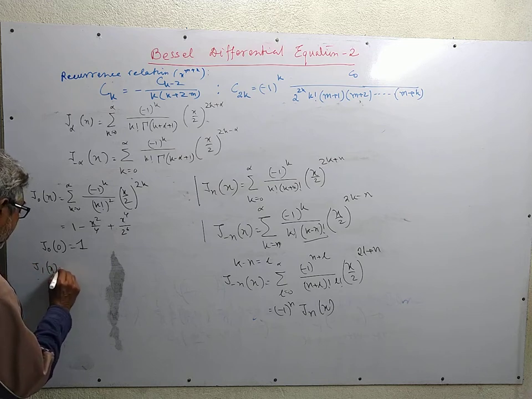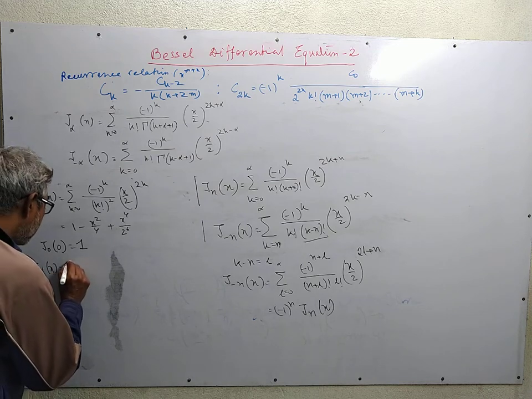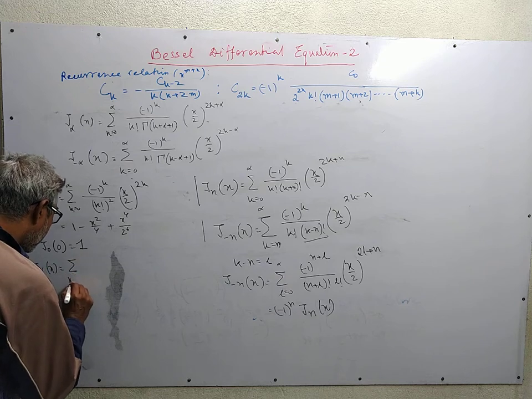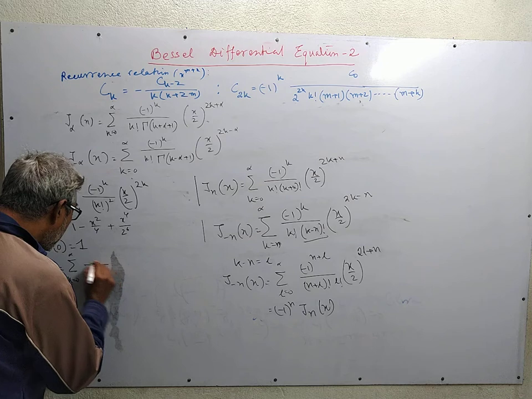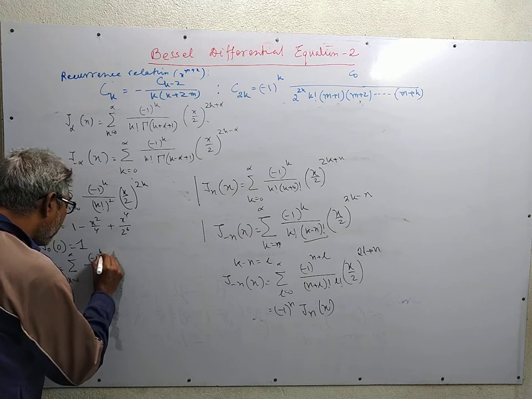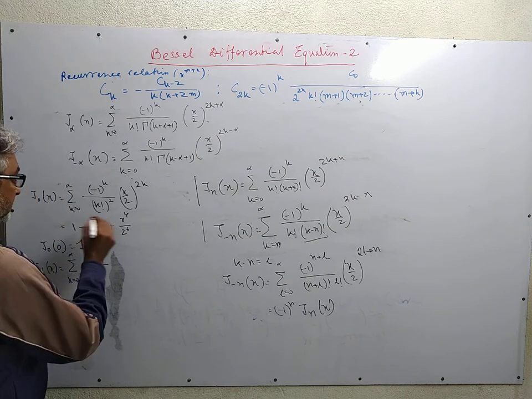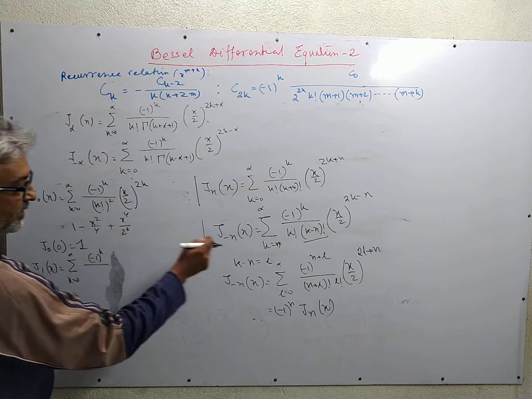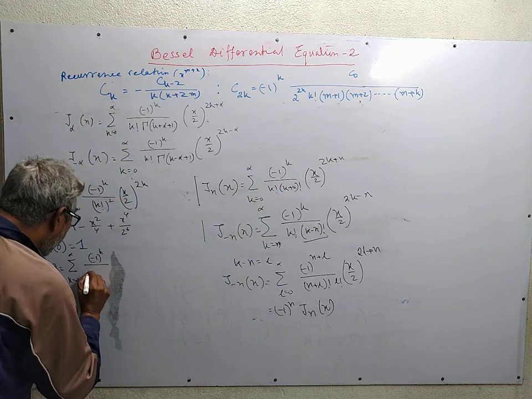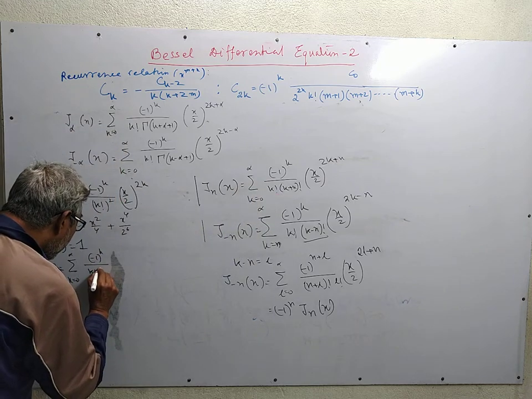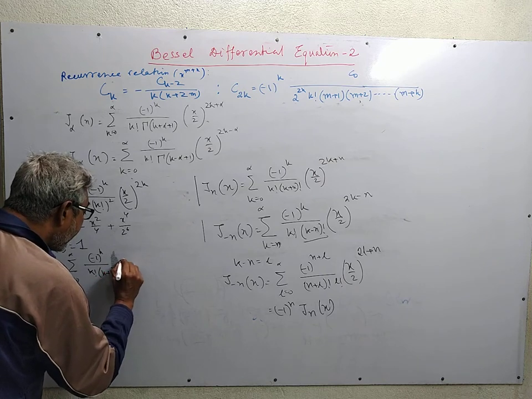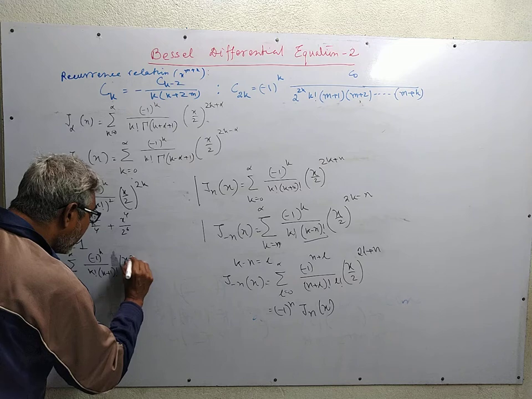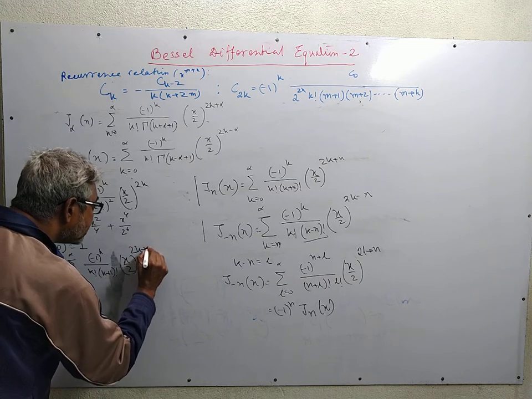J1 of x is summation over k is equal to 0 to infinity minus 1 to the power k. Then we have this expression k factorial, k plus 1 factorial, x by 2 to the power 2k plus 1.